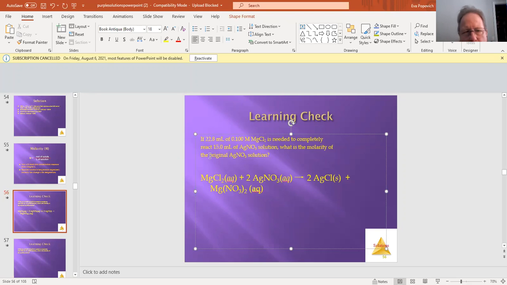So you took the moles of the MgCl2 and multiplied by the stoichiometric ratio of 2 moles of AgNO3 to 1 mole of magnesium chloride. This gave you the moles of silver nitrate, which you then divided by the liters of AgNO3, which was 15 milliliters times 1 liter over 1,000 milliliters.